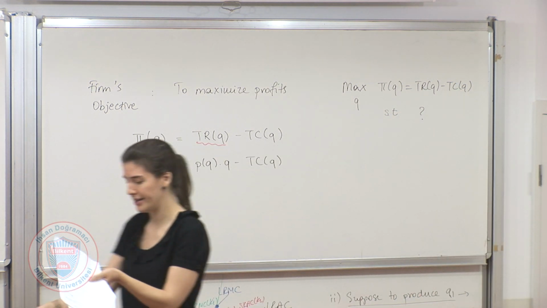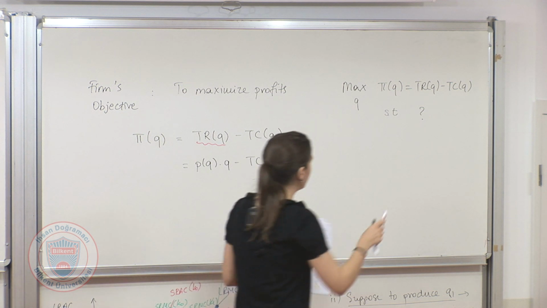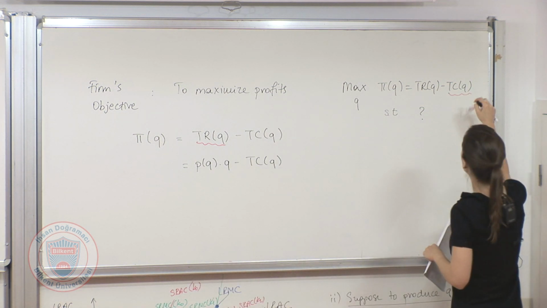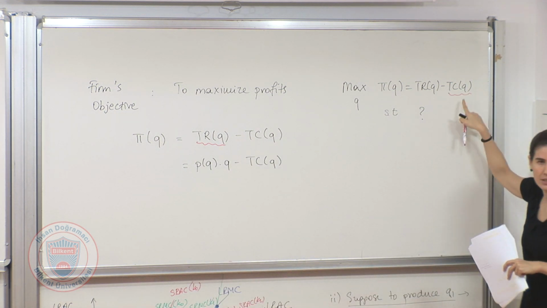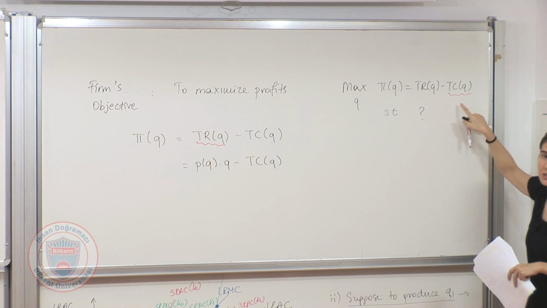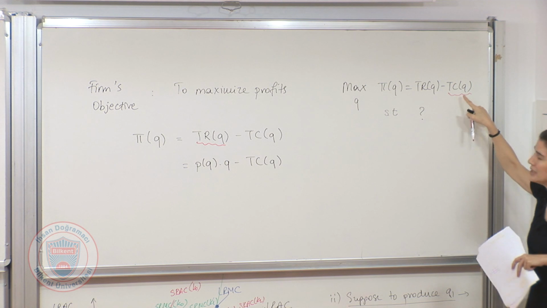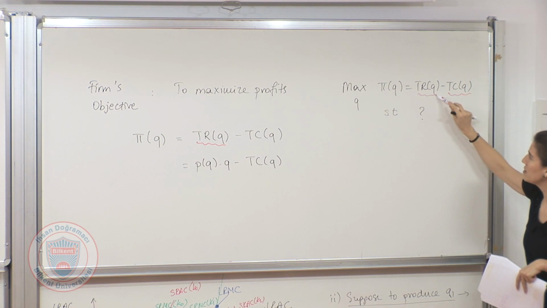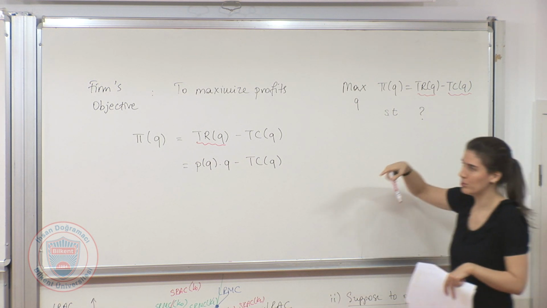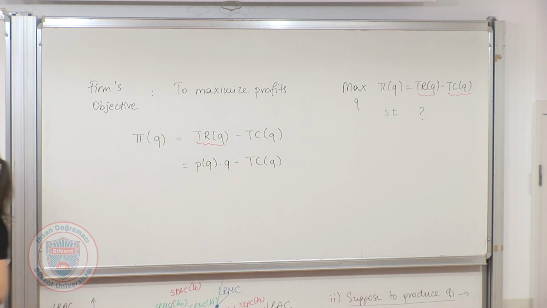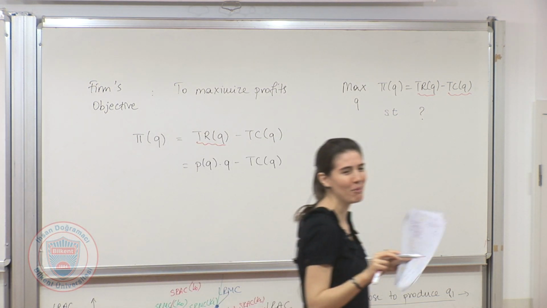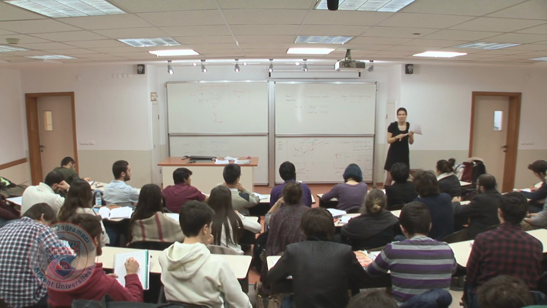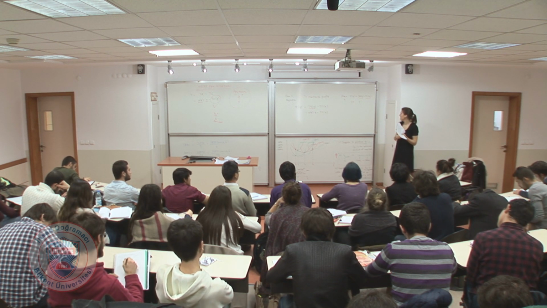Production technology, production function, input prices, they're all embedded there. Market structure, the demand curve that the firm faces, any information about the market structure is embedded there.